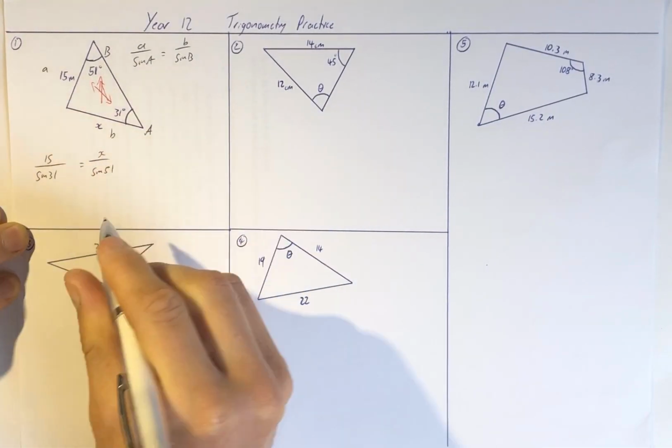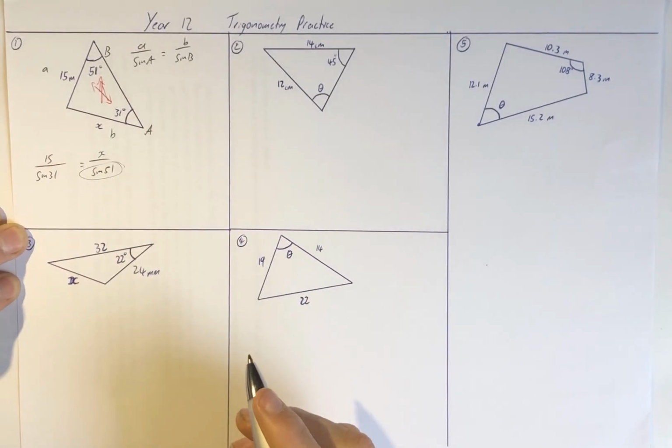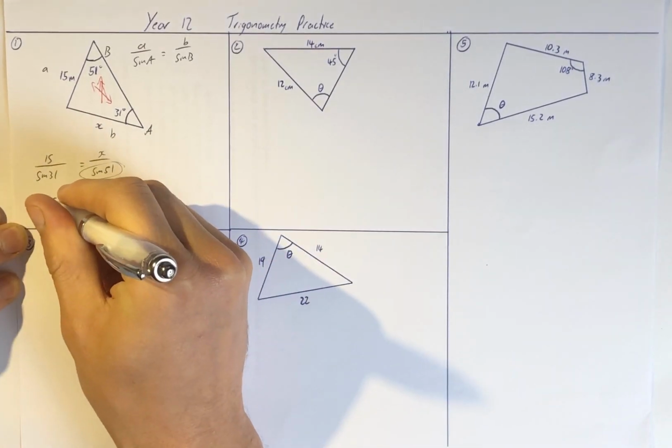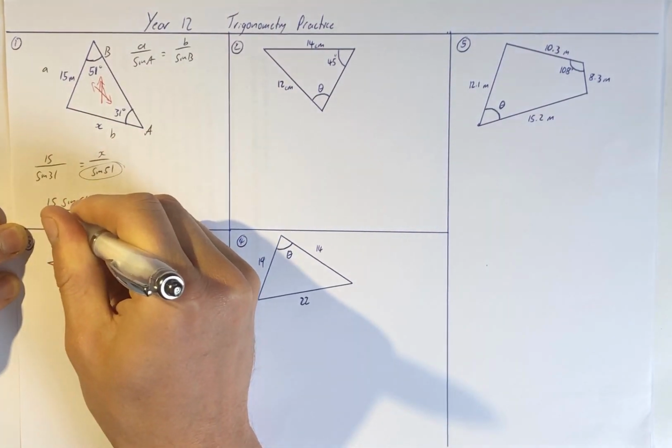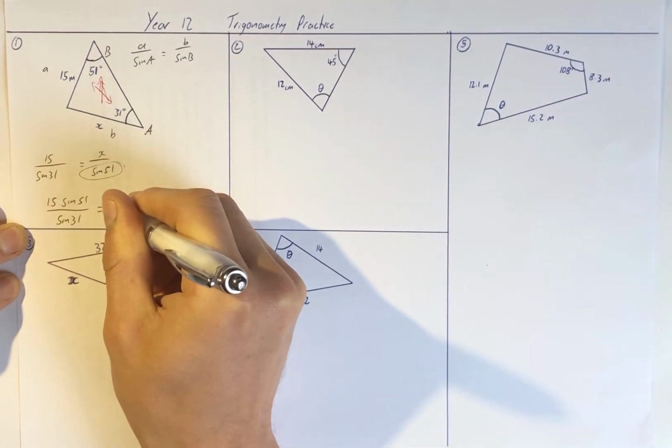To get x by itself, we just times by this denominator. So 15 sine 51 over sine 31 equals x.